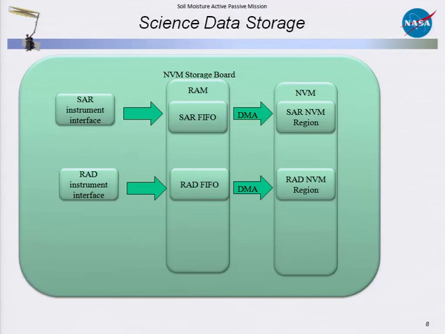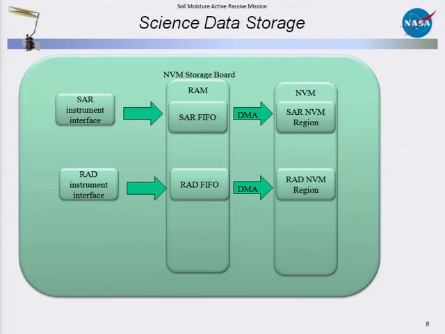And data flows from those instrument interfaces directly into FIFOs. These FIFOs are specially allocated regions of the RAM on the non-volatile memory board. And the hardware has enough smarts to take the data coming over, say, something like a serial interface, and put it into the FIFO and maintain the FIFO pointers.